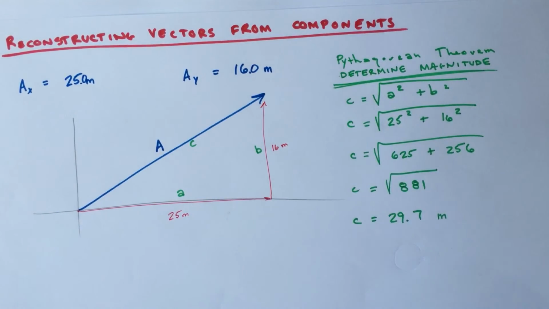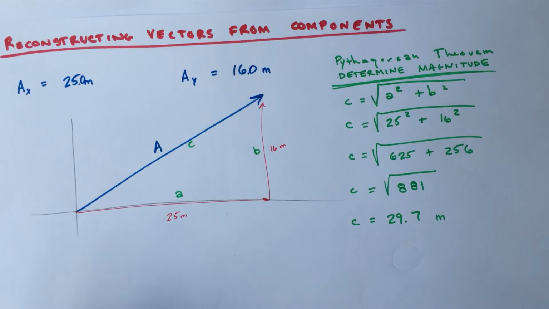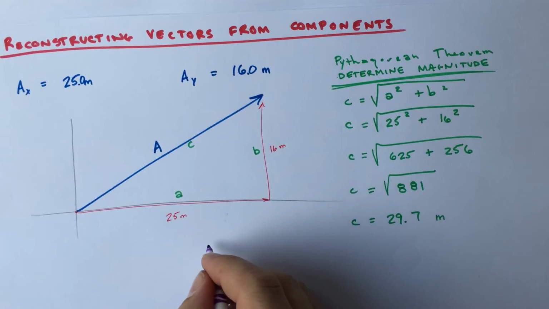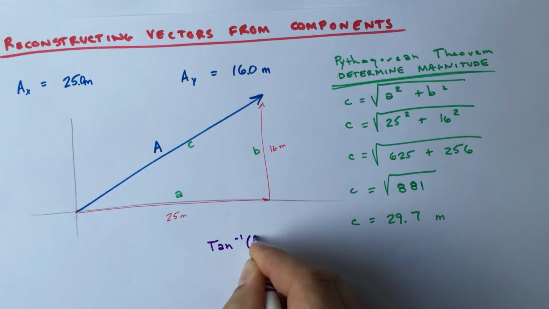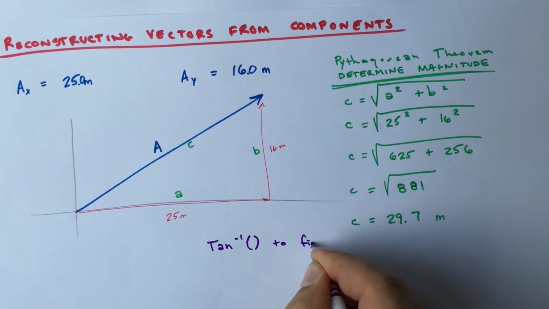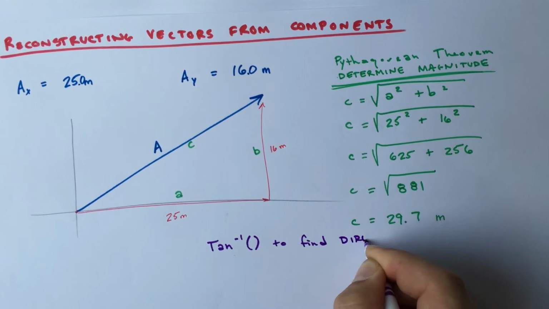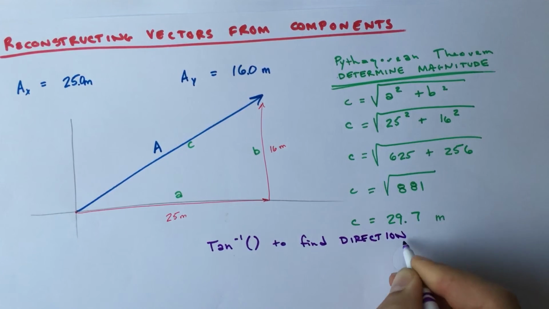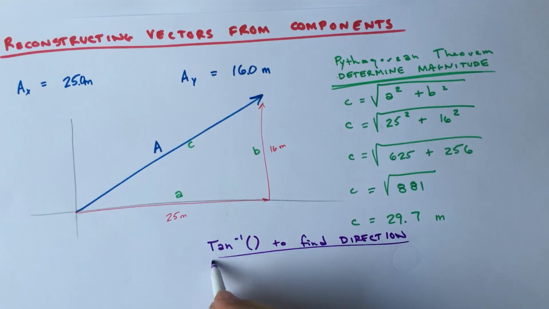And this is maybe a little less familiar, I don't know. The one more step that we have to do is use the inverse tangent to find the direction. So let's talk about how to do that.